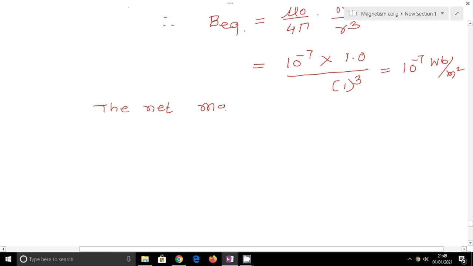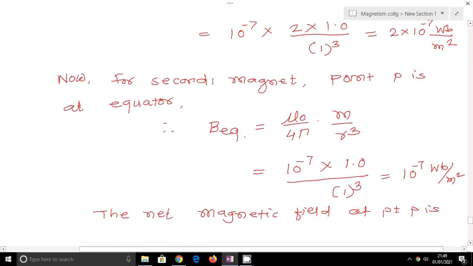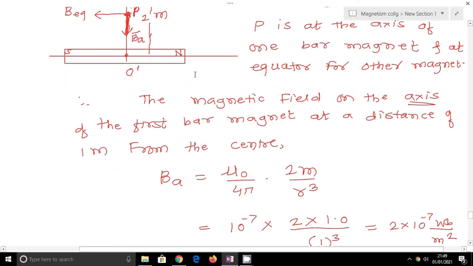The net magnetic field at point P: see, at point P there are two magnetic fields, and as shown in the diagram these two magnetic fields are perpendicular to each other.